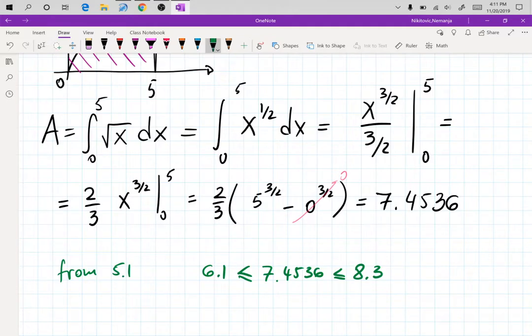And you'll see that if you took the average of 6.1 and 8.3, it will give you 7.2, right? 7.2 is close to 7.45. So you could have taken the average and gotten close to the true area. But again, if you do left sums on 10,000 rectangles, you're going to hit all of these digits for your approximation, because the rectangles get to be too small.